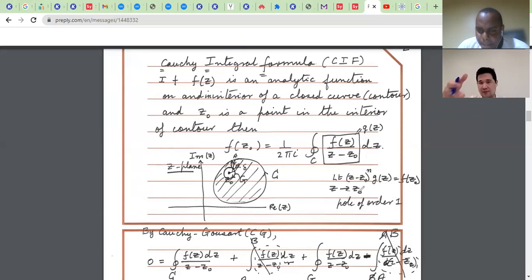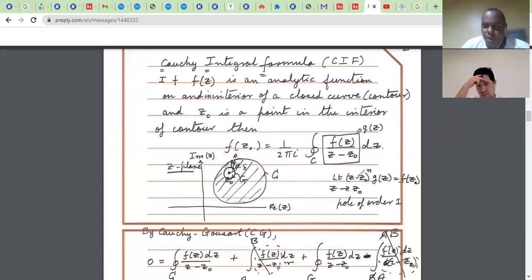We are finding the limit. Remember how we were defining poles of order 1, poles of order 2, etc., where the power determines the order of the pole.